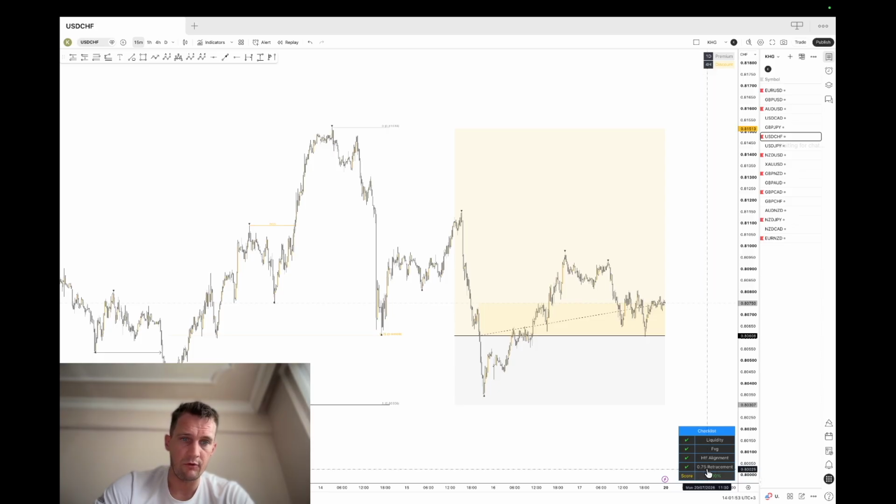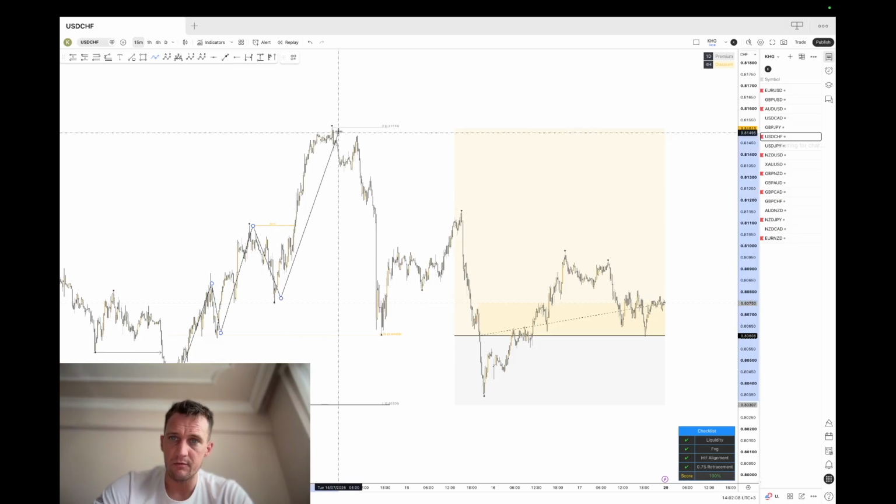And what I'm looking for, the fourth checklist item, is the 0.75 retracement. The market moves in patterns, so it made higher highs and higher lows. See, don't rush. You want to put a pending order right here.